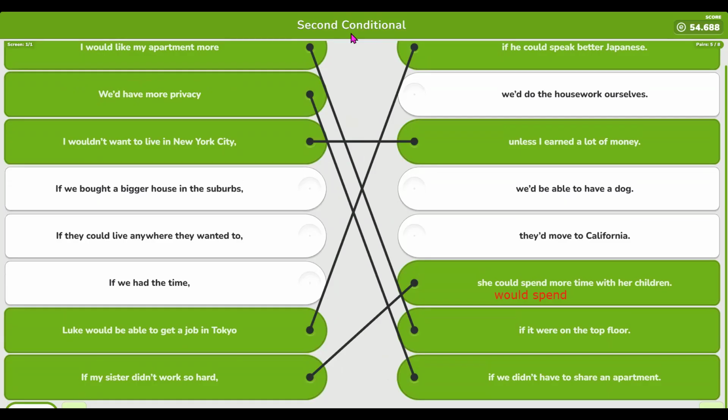Next participant, our partner, Juan Carlos. Are you there? Yes, teacher. If we bought a bigger house in the suburbs, this is the hypothetical situation. What is the imaginary result?